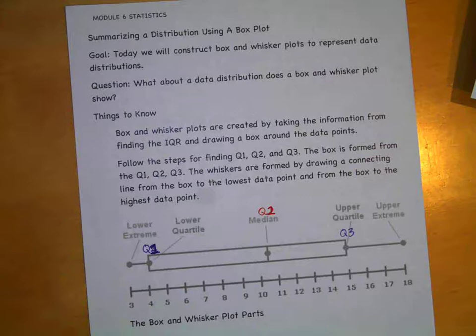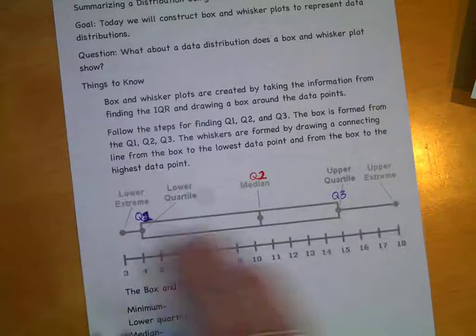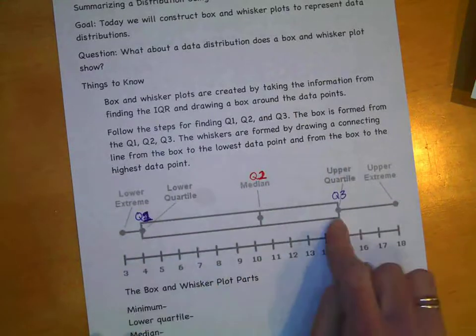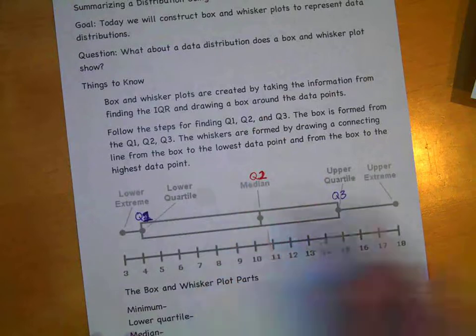Basically, you don't really ever call them Q1, Q2, and Q3. You just say upper quartile, lower quartile, and median. So the Q's are not necessarily your focal points. But anyways, here is a box and whisker plot. This is our lower quartile, the upper quartile, and the median.